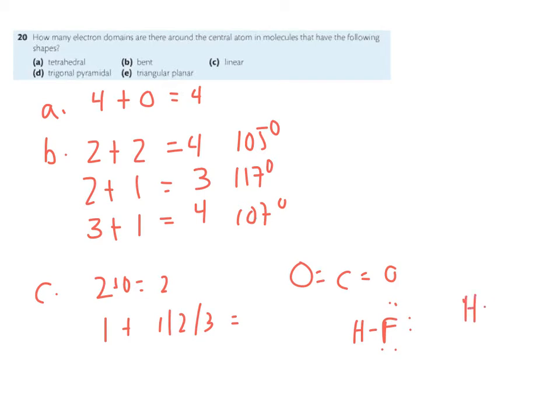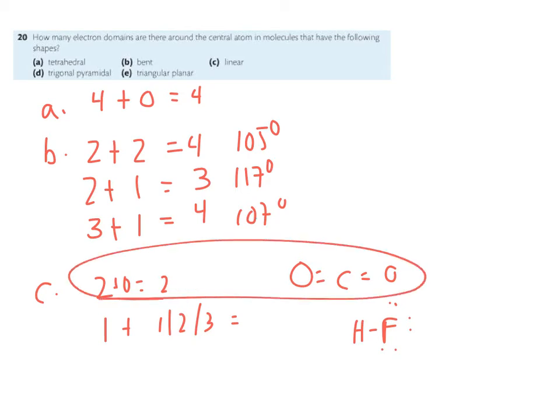You could have HO minus, which would have, well, that's actually going to be the same, but you get the idea that if you only have 2 in your linear arrangement, it's possible to have 1, 2, or 3 lone pairs on that second atom, especially when it's attached to hydrogen. So I think they're referring to when you truly have a center atom in this first case, but it's fair to say there's other examples as well.